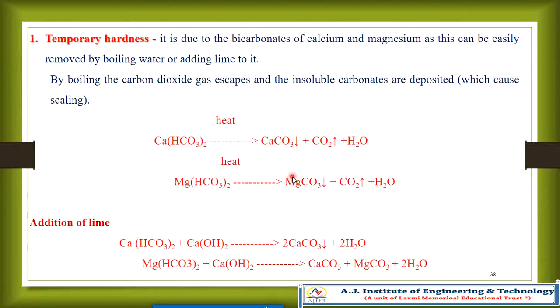So that is temporary hardness. It is caused by bicarbonate of calcium and magnesium, and can be easily removed by boiling the water or adding lime to it.